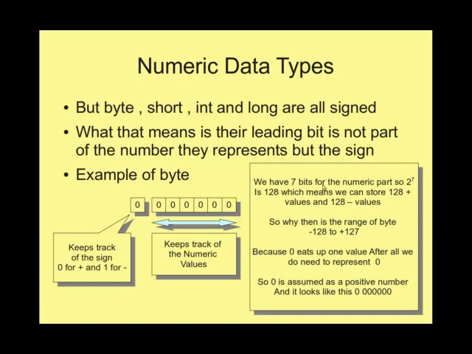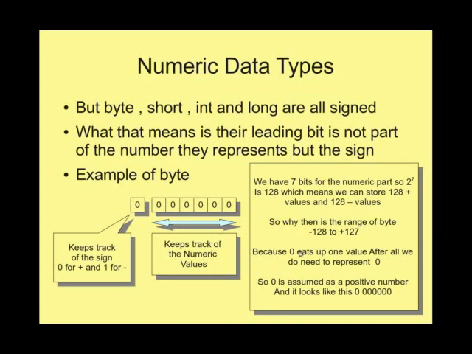So we have 7 bits for the numeric part, so we have 2 to the power of 7, and that means 128, which means we can store 128 positive values and 128 negative values. So the question is, why is the range of the byte from negative 128 to positive 127 and not positive 128?